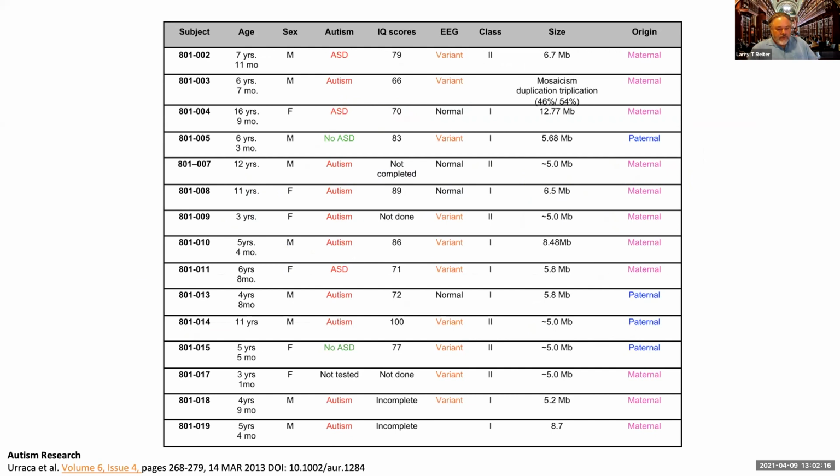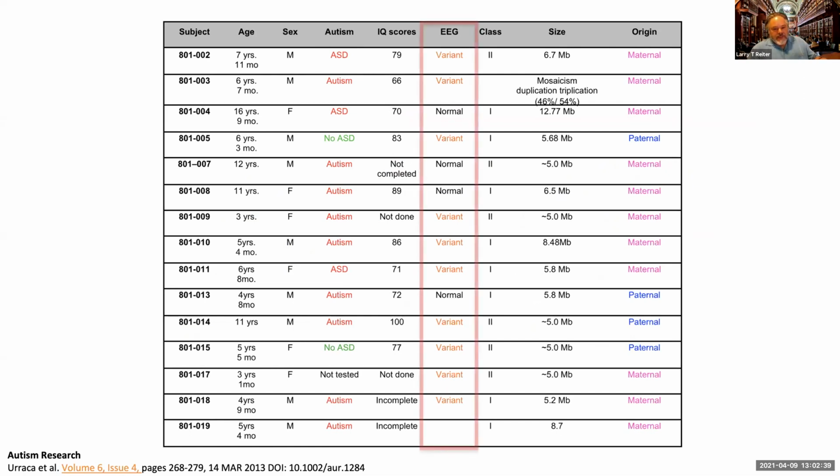So this is data from a paper we published now in 2013, so quite some time ago. And these are all kids that have interstitial duplication. The focus of the study was sort of on the autism phenotype, but we collected a lot of other data just because we didn't know what exactly the interstitial duplication phenotype looked like.